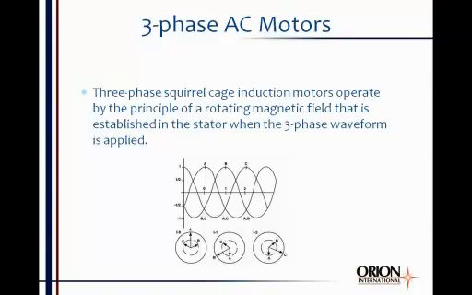And then at time t equals 2, it is rotated another 120 degrees, now pointing at the vector C. So this particular rotating magnetic waveform rotates counterclockwise when this waveform is applied in this phase sequence, ABC. When you apply the three-phase waveform to the stator of an AC induction motor, it produces a rotating magnetic field.